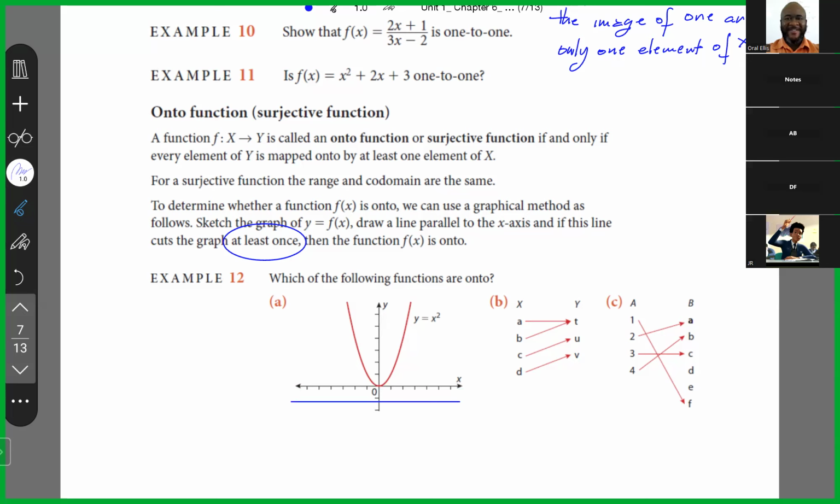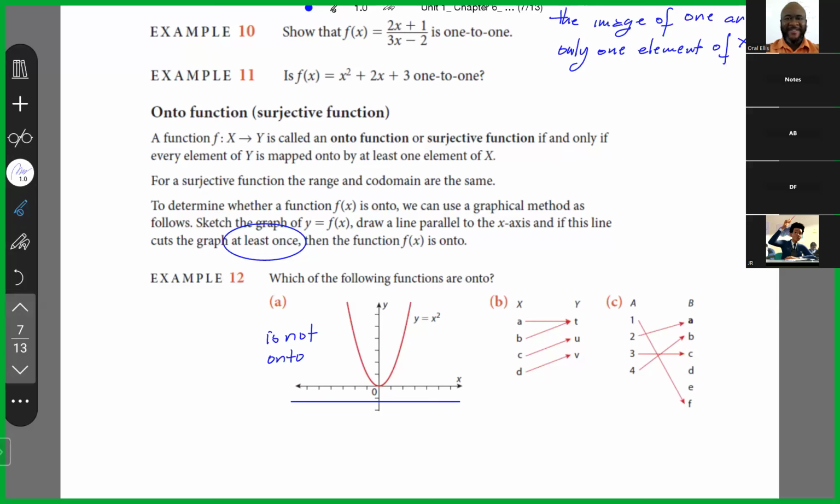And for a graph to represent an onto function, every horizontal line that can be drawn must cut the graph at least once. Now, I have just drawn a line that does not cut the graph of y is equal to x squared. Therefore, y is equal to x squared is not onto.